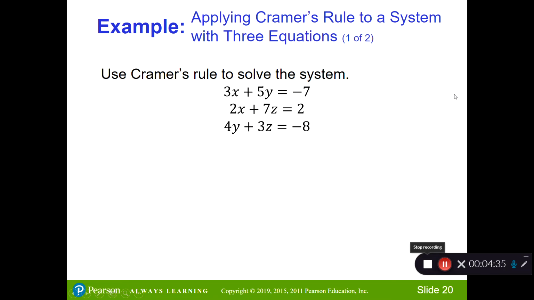All right, here, if I look at my D, the determinant would be 3, 5, 0, because there's no z. 2, 0, 7. And then 0, 4, 3.